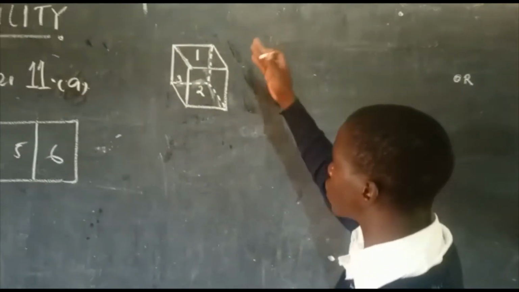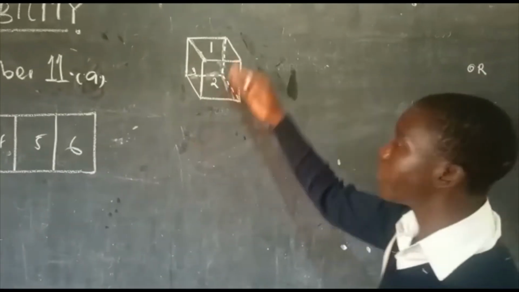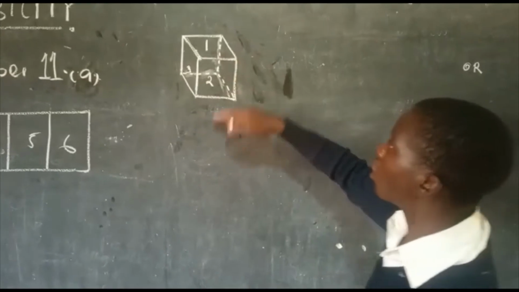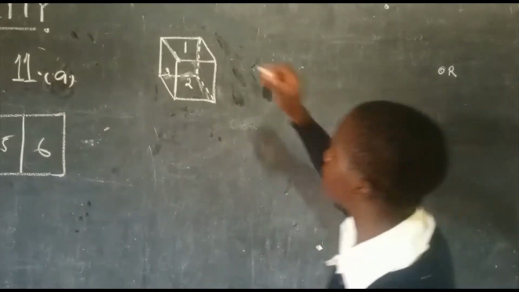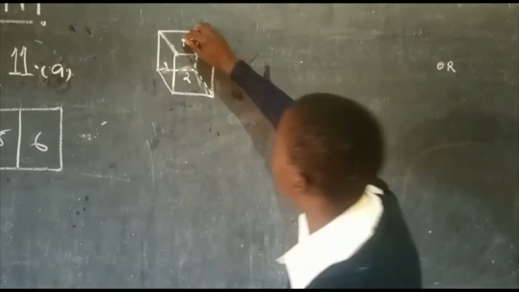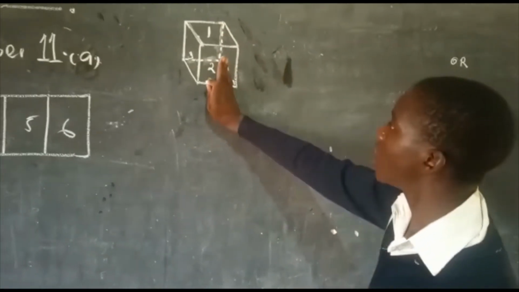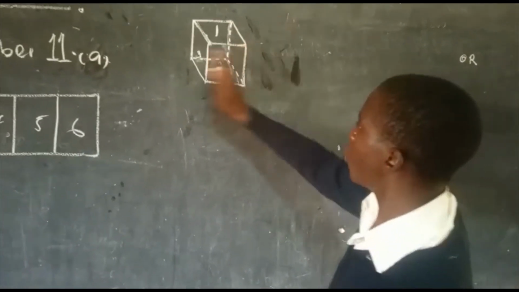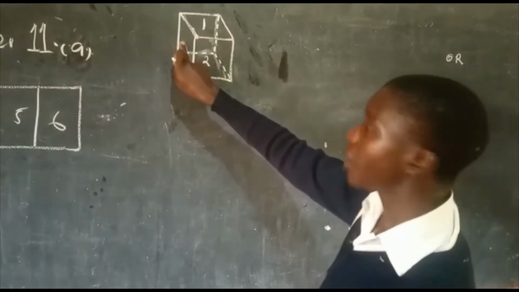When a die is tossed on the board, I know most of you members have played this game. It will fall on the board in this form. There will be a number on the surface, then others sideways, like this side shown as 2 and 3.